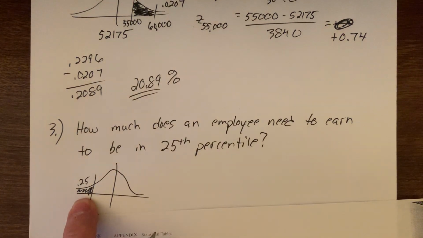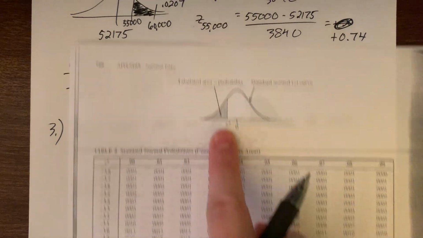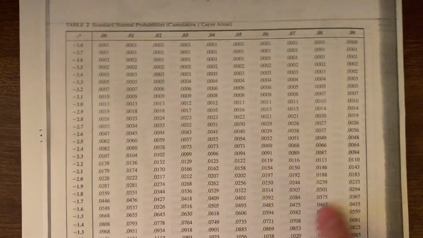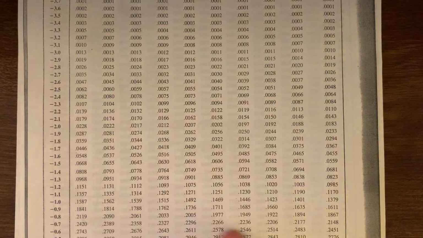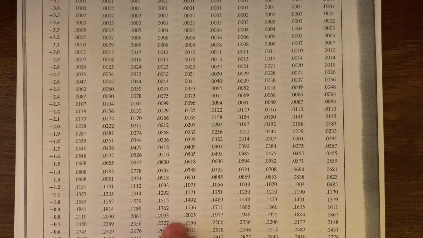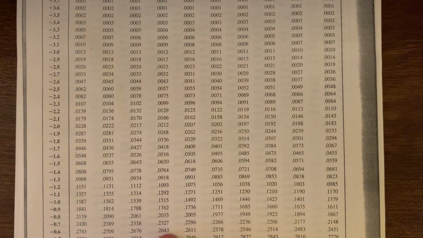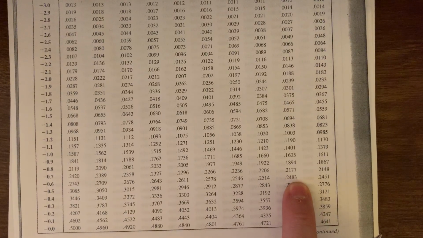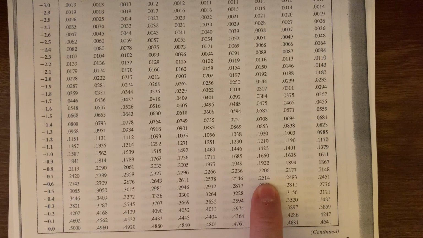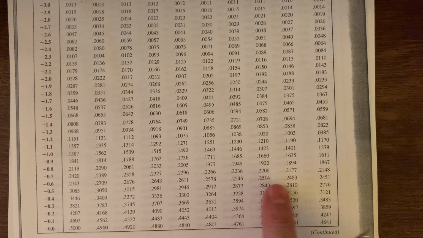So I have that area. Let's get the z that goes with it. So let's find the closest area in here to 0.25. These are way too small, so the 0.25s, I'm somewhere down here. Okay, getting bigger, and here we are. A little below, there we go. A little below 0.25. A little above 0.25, which is closer.